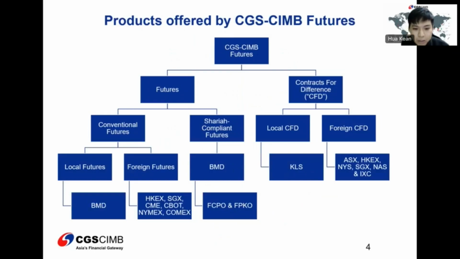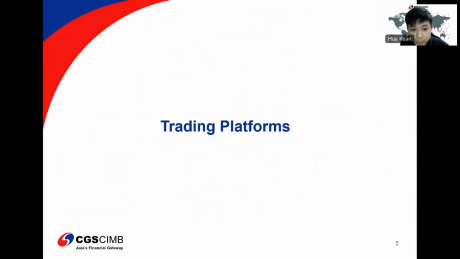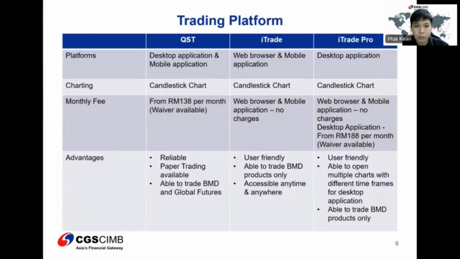For trading platforms, we have three types: QST, iTrade, and iTrade Pro. QST has both desktop and mobile applications, same for iTrade, but iTrade Pro only has a desktop application.